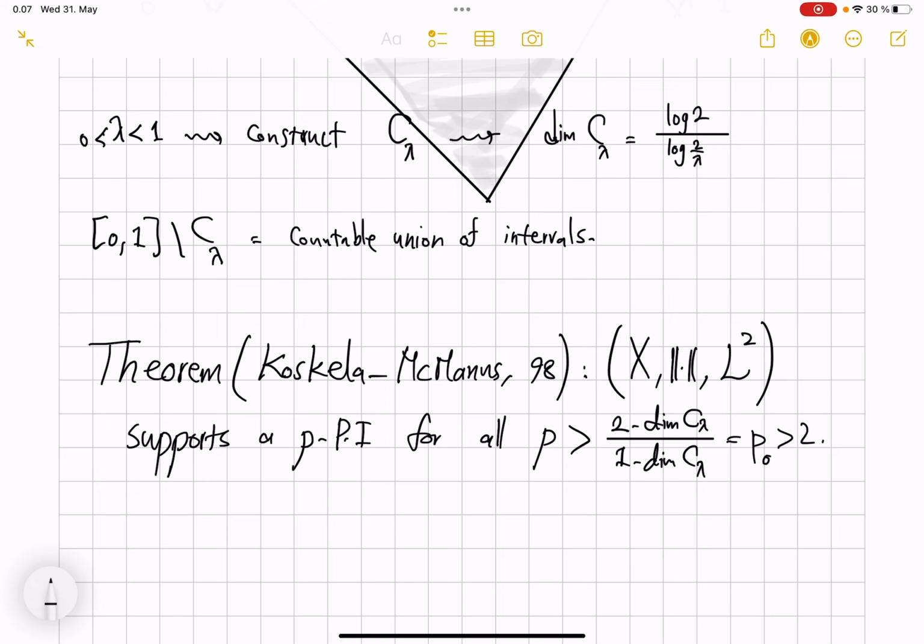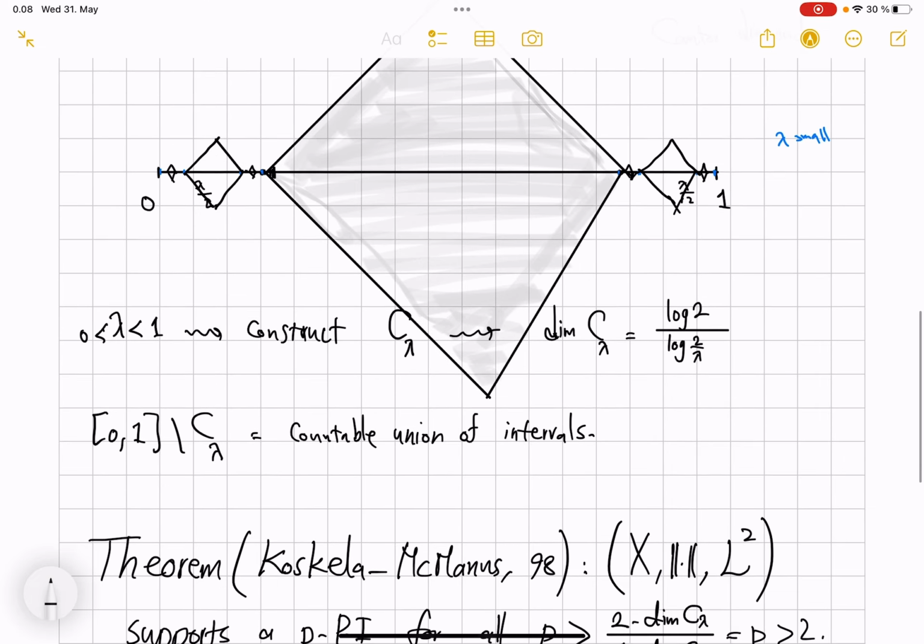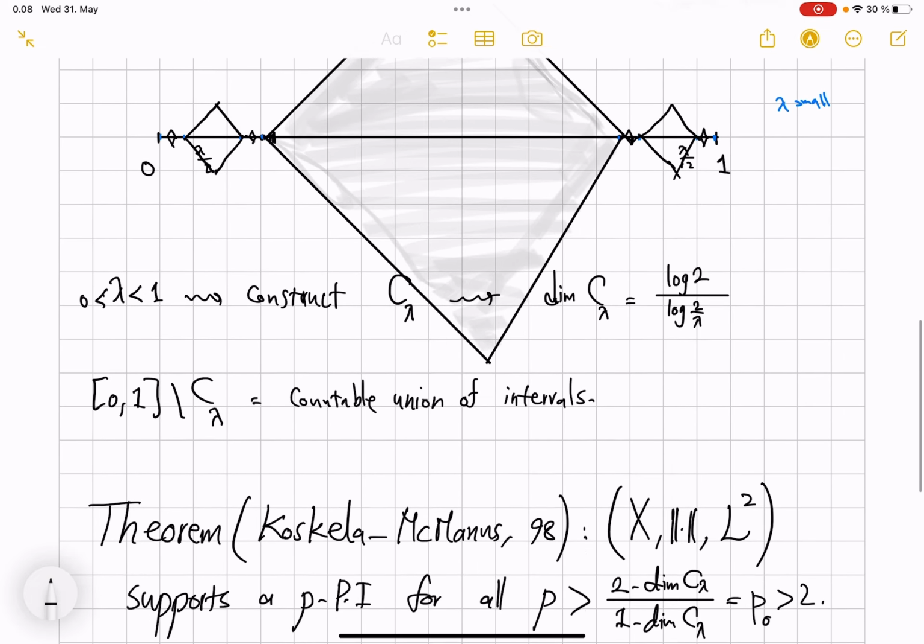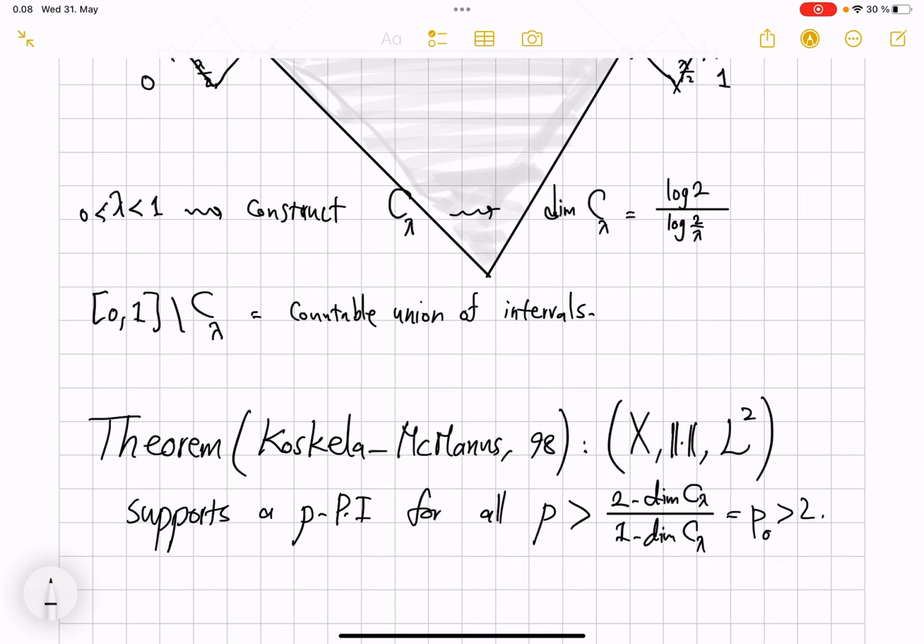So with one pinching, we had that P has to be bigger than 2. But now we see that it's even worse. So you have to be actually bigger than some number, which itself is bigger than 2 strictly, and not for any P smaller than that. So we see that the accumulation of these extra pinchings, infinitely many, makes the best Poincare exponent P even larger, which in general means worse or weaker Poincare inequalities.